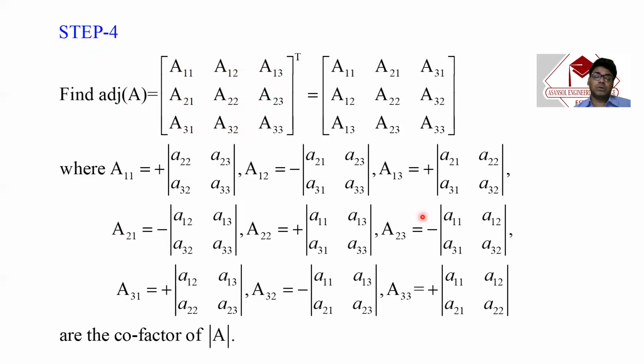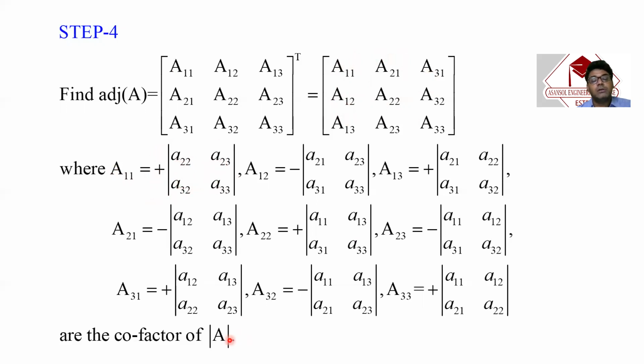A11, A12, these are all the cofactors of determinant A. Okay, when you transpose it, that means this row is represented in terms of column, and this is called the adjoint of A. So what is A11? This cofactor can be found using this form, that is A22, A23, A32, A33.